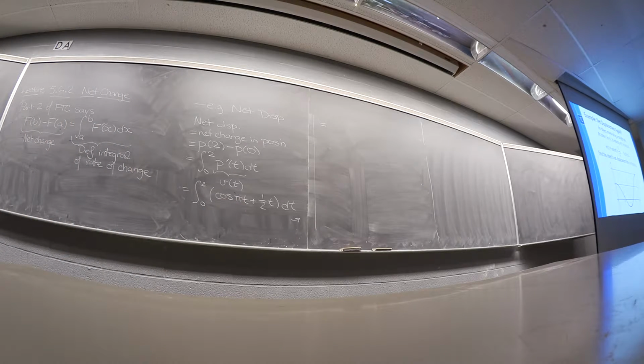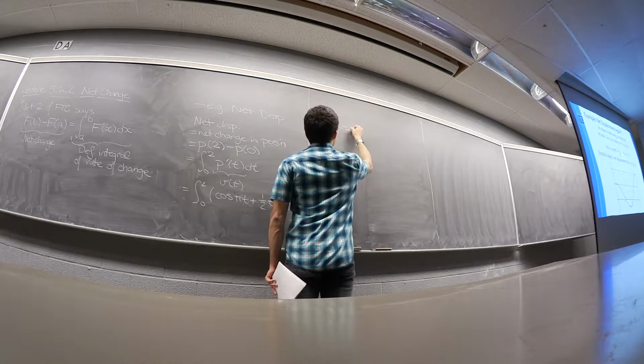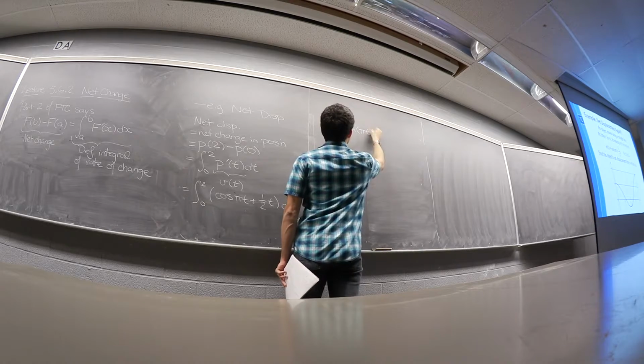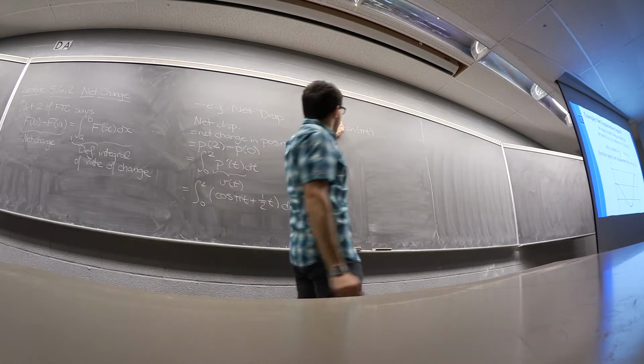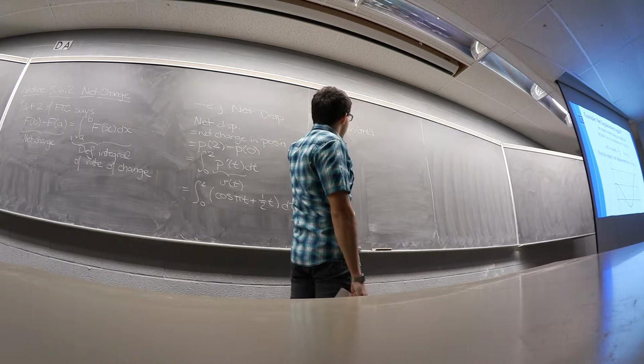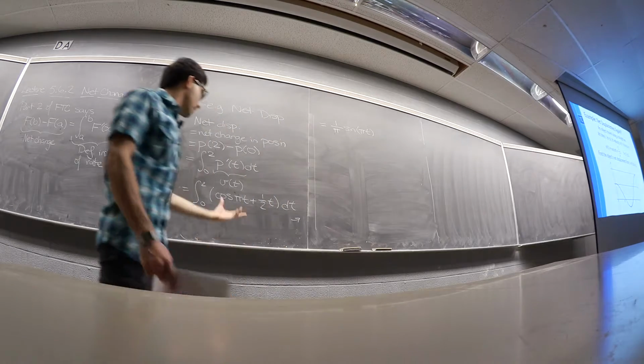Sine of? Pi. Sine of pi t, divided by pi. Excellent, thank you. If I just had this and I took the derivative, I would get cos of pi t by chain rule times pi. So this cancels out that pi, getting us what we wanted.